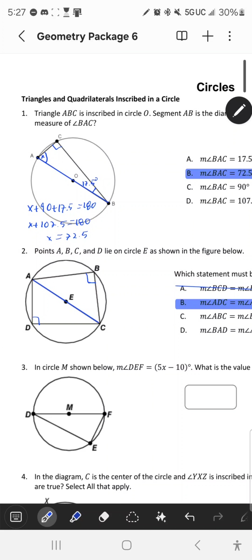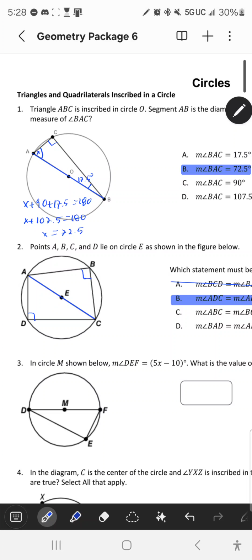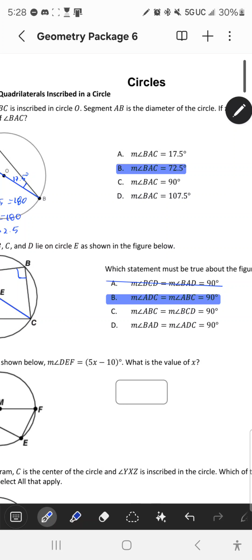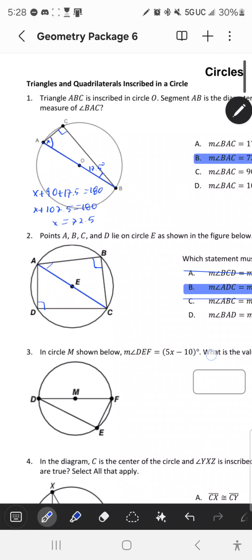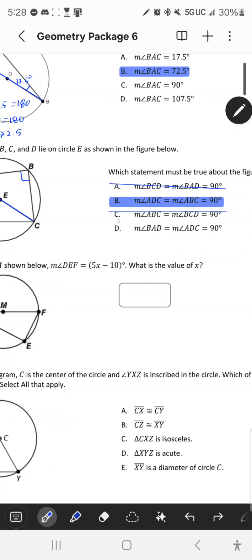Let's check the others. ABC, 90, yes. BCD, not necessarily. BAD is this one. ADC, no, not equal 90. So yep, that's our answer.